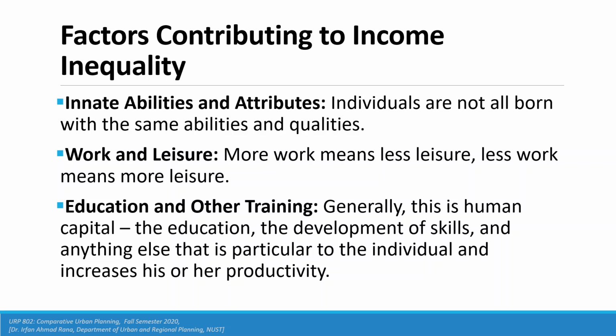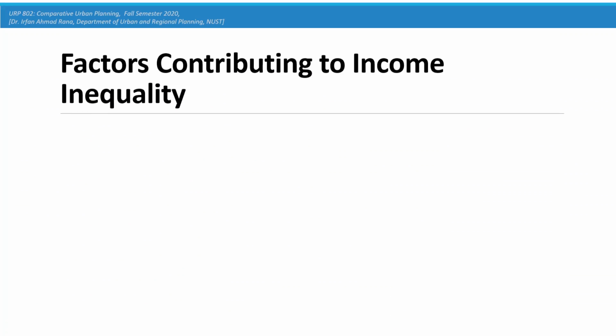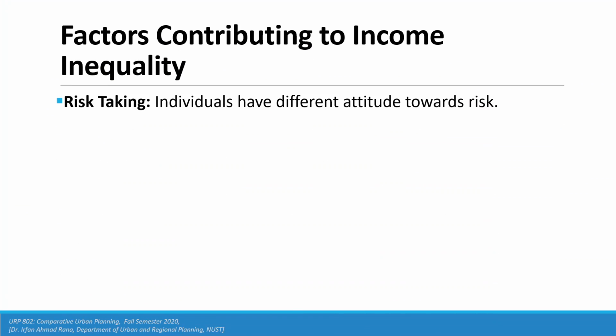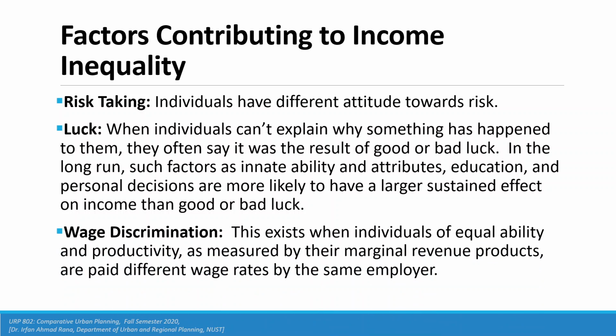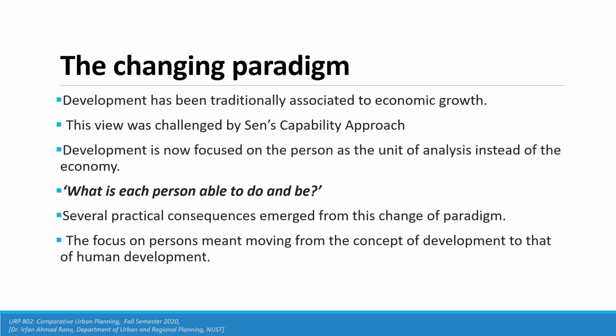Maybe if we have access to education, we will have better development skills, and maybe we'll raise our productivity and our worth, and that might reduce inequality. Some people are generally risk takers, some are risk averse, luck contributes sometimes, and sometimes there is wage discrimination, particularly gender inequality, which is predominantly enhanced by wage discrimination. So these are some of the general factors which can contribute towards income inequality. It can increase your inequality.